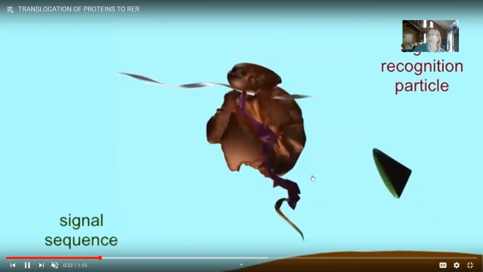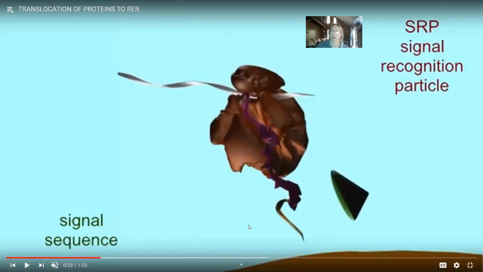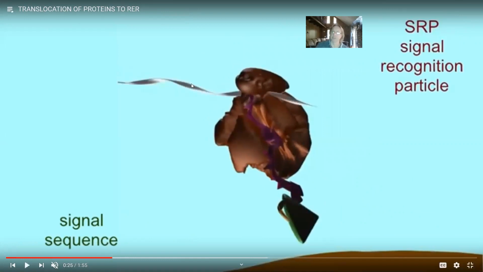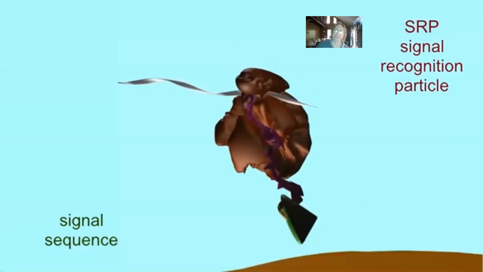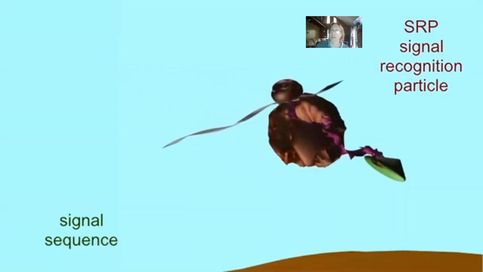All right, so here we have the signal recognition particle, the SRP, which binds to that signal sequence. And it will now pause translation. So here you have the ribosome, it's translating the mRNA, making a protein. But now after the SRP binds the signal sequence, that will pause. And now the complex will be transported to the RER, the rough endoplasmic reticulum, and now translation will occur there.